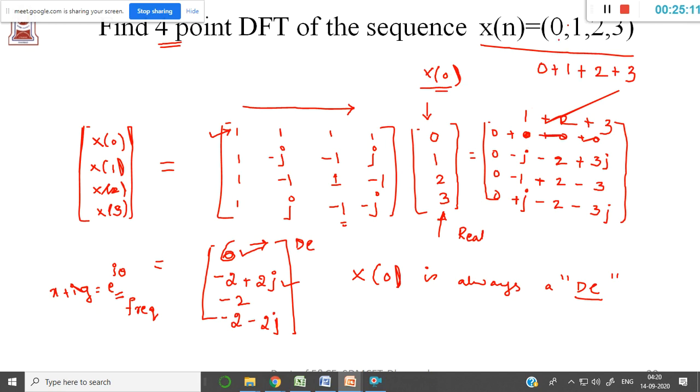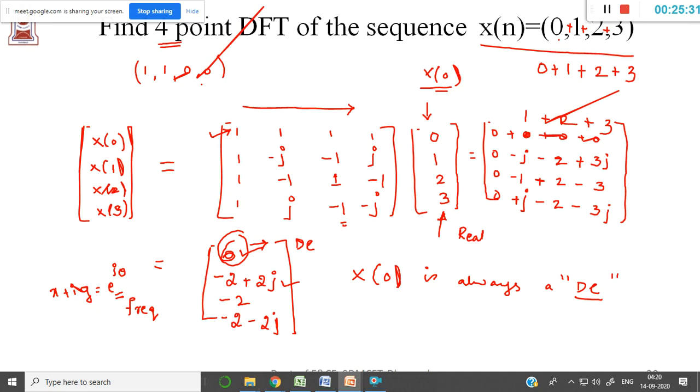X of 0 is all the time the sum of this signal. Look at this: 0 plus 1 is 1, 1 plus 2 is 3, 3 plus 3 is 6. The first term must be 6. You take any example, go to the previous example that we solved.